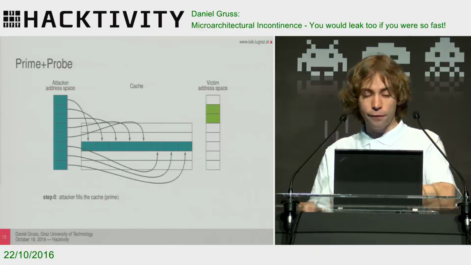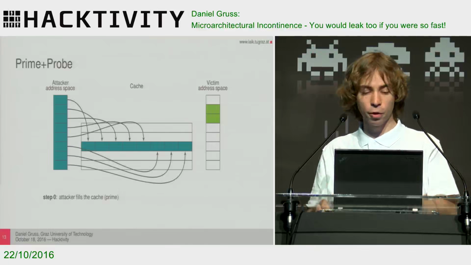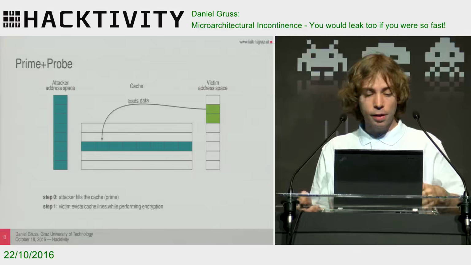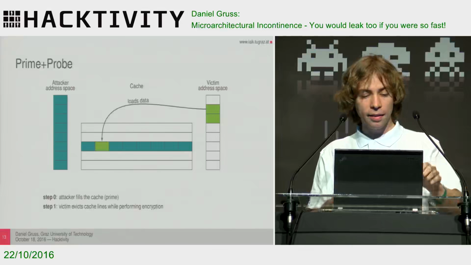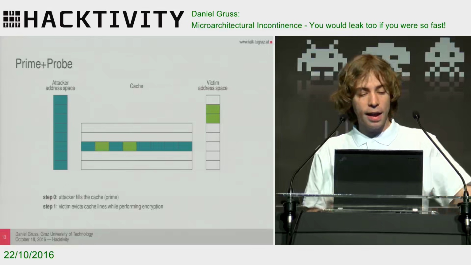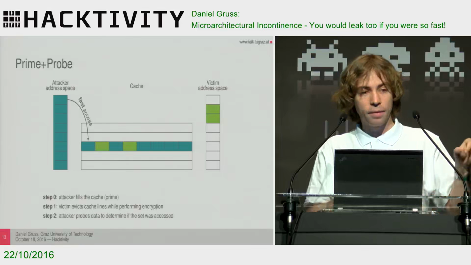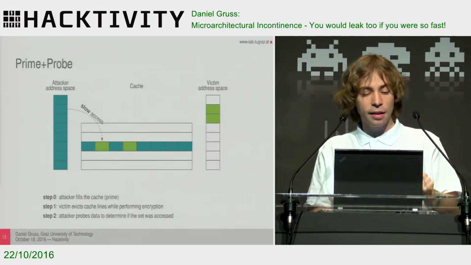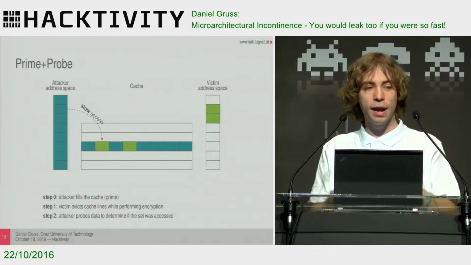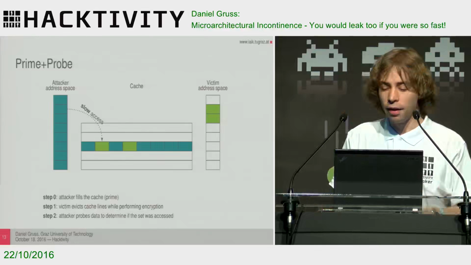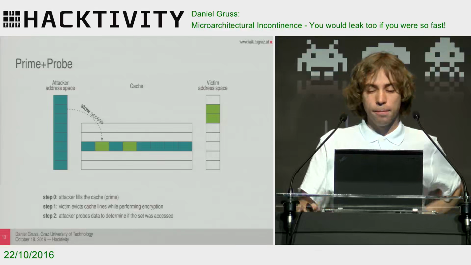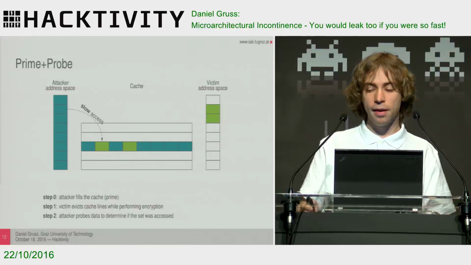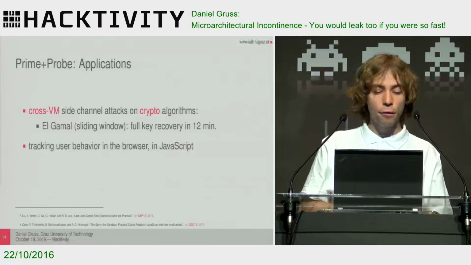And now if the victim does some computation, for instance an AES encryption, it will replace ways in this cache set. And as the attacker re-accesses the entire cache set, the attacker will observe that some of the memory accesses are slow, and there the victim has replaced some cache lines. And you can do, again, very powerful attacks with that.